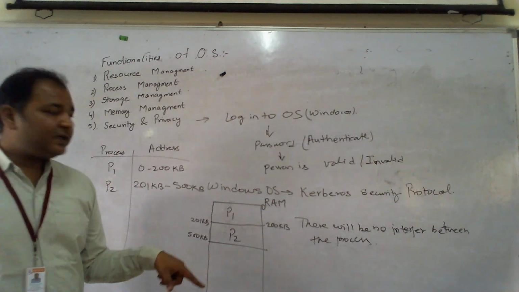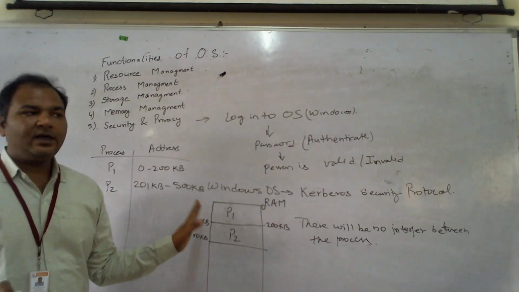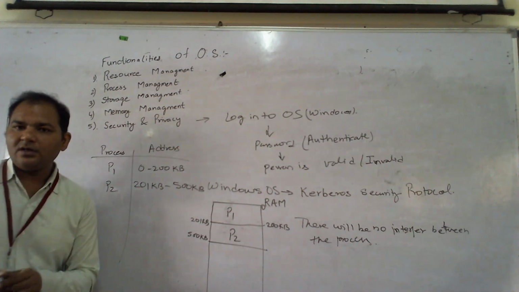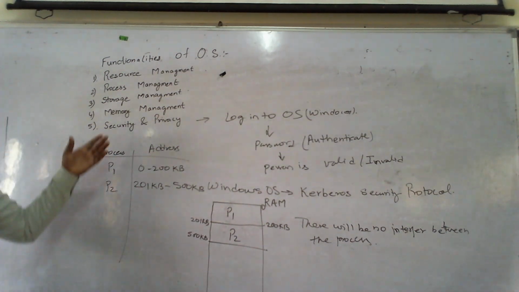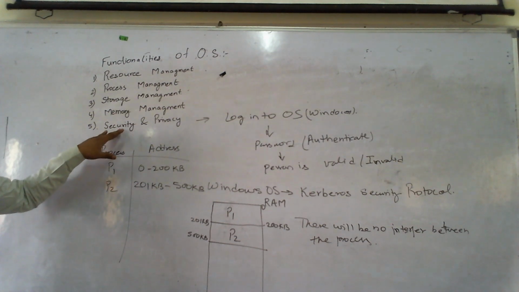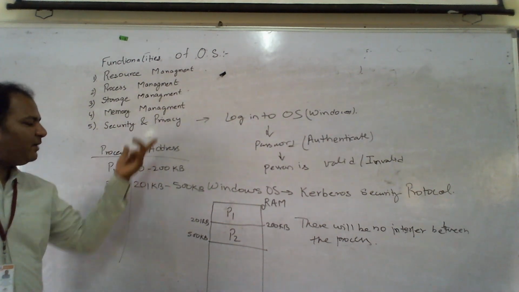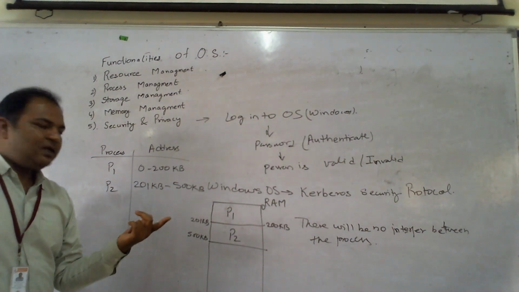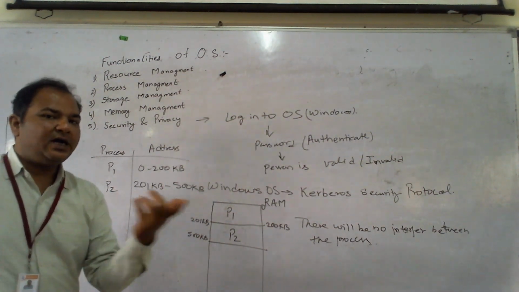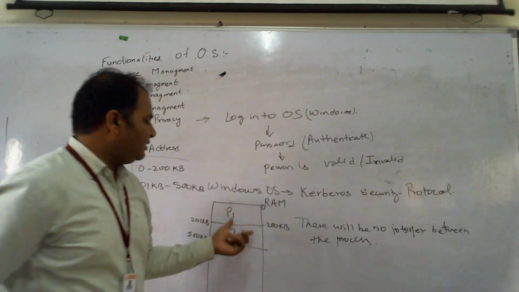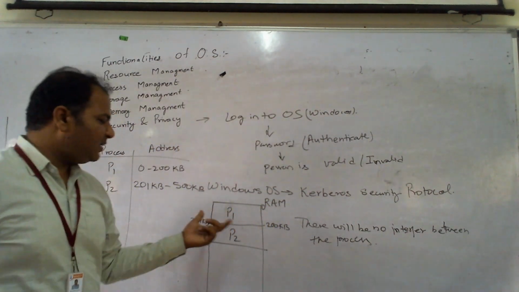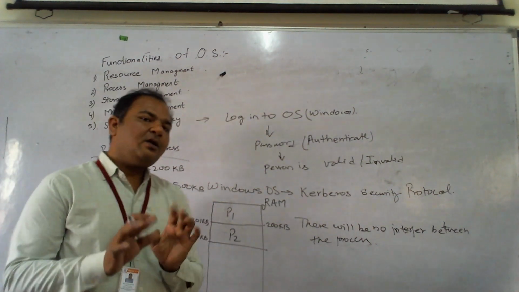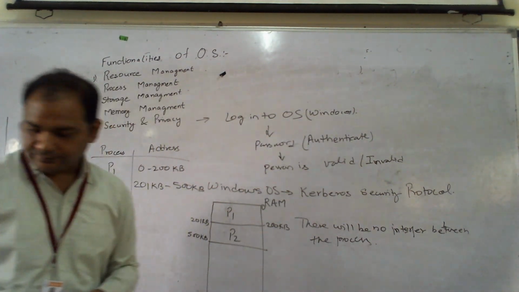If there is interference, then the process will not get executed. So this is all about security and privacy. I hope you understand. Security is for authentication, and privacy is for ensuring that another process can't interfere in any state. If there is interference, then the whole process will not get executed.